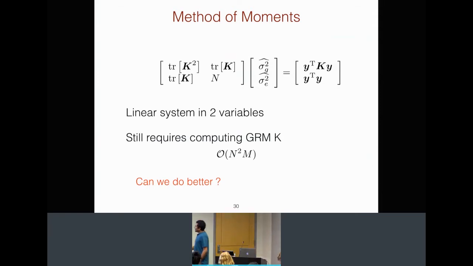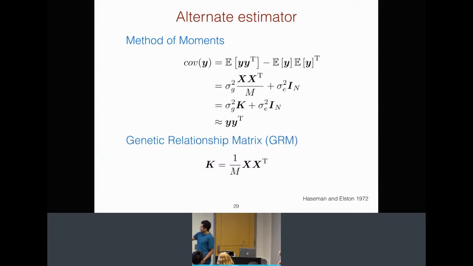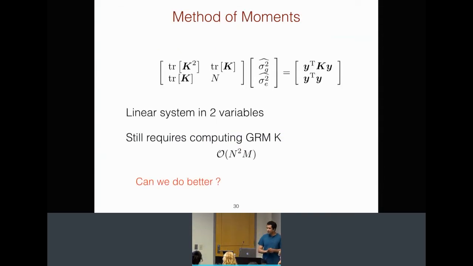But there's still one catch: you still have to compute the GRM. Remember, the GRM is an n by n matrix, formed by taking the genotype matrix for every individual and computing dot products. That is still expensive, an n squared operation. So we still haven't come up with a solution that scales.